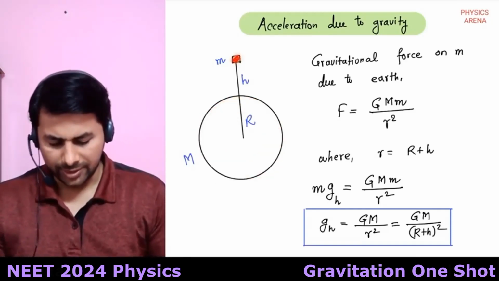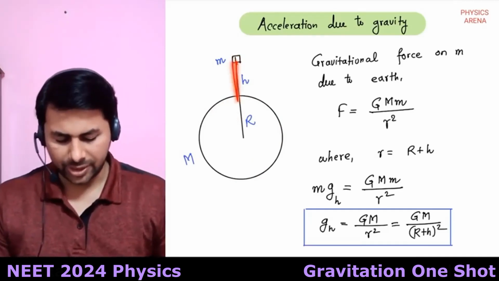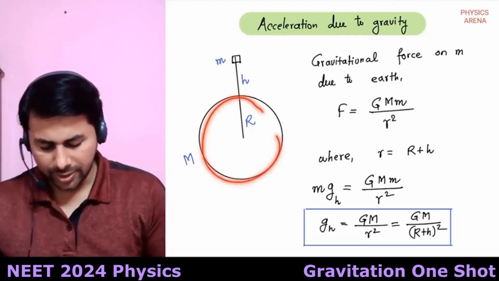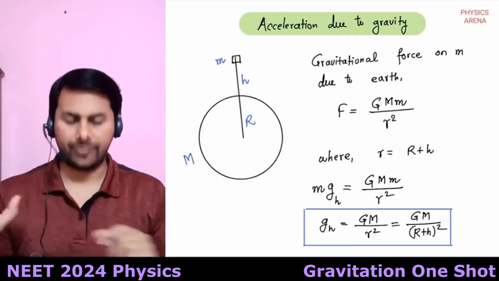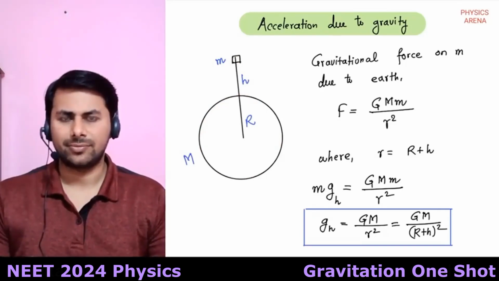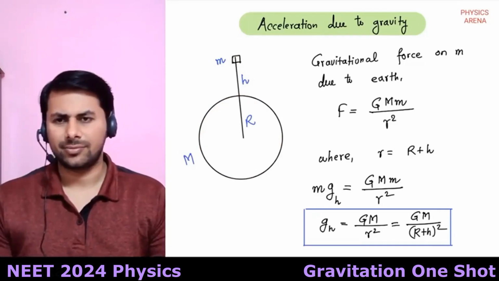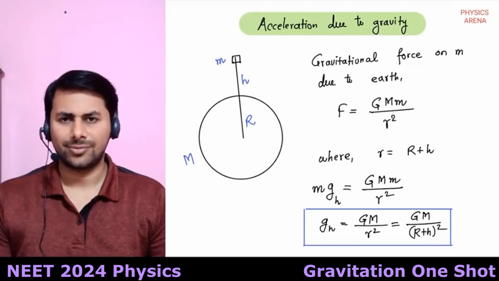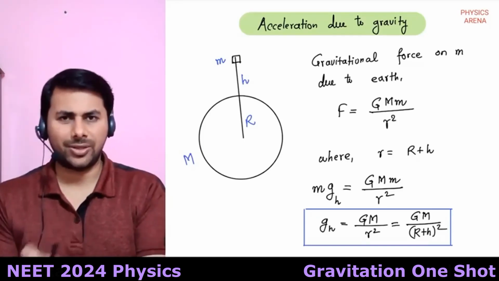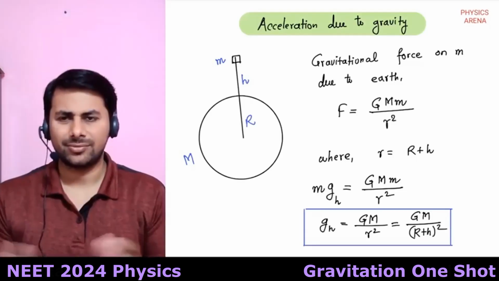This mass is here at distance h away from Earth. So what will be the weight of this mass? The weight of a body is the gravitational force on that body due to Earth, right?